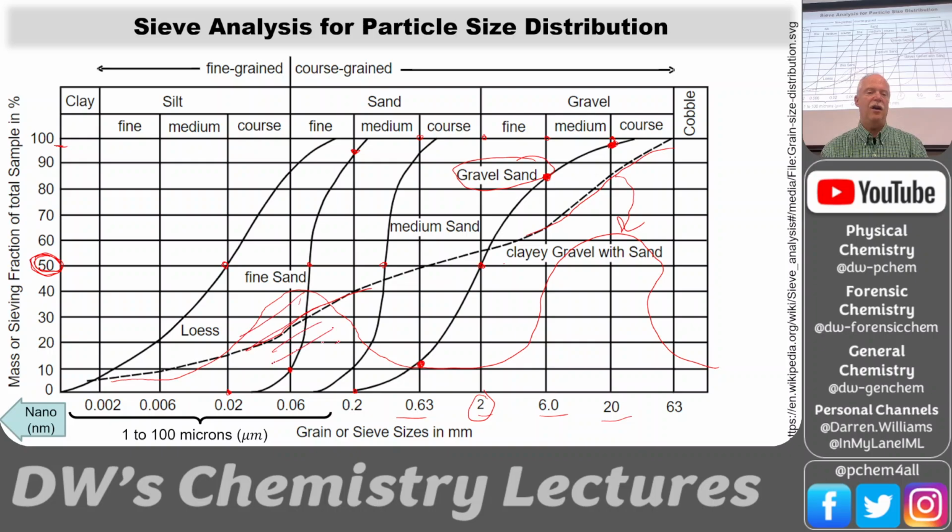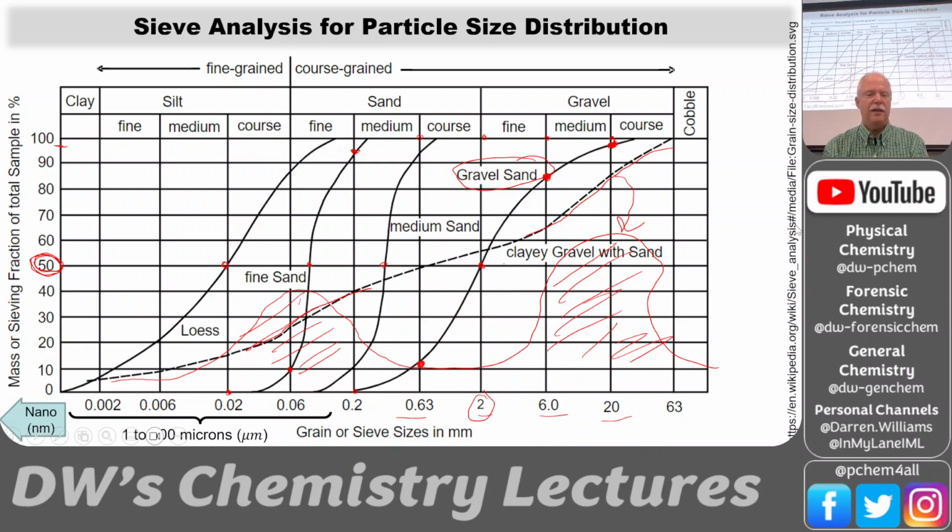We see an area where there's some small particles, the clay part, and an area where there's some gravel. And so if you see that percent passing curve, the cumulative distribution they call it, with a couple of slopes that are steep, then you know you have a multimodal distribution.